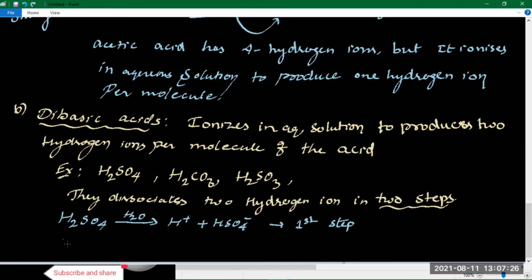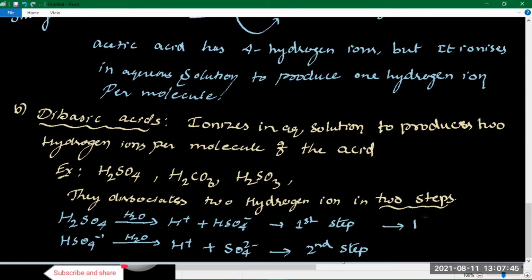And this HSO4 minus ion further dissolves in one more water and releases another hydrogen, and it forms SO4 2 minus ion. That means this is the second step. So here it produces one H plus and here it produces one more H plus. Together, in 2 different steps, it produces 2 H plus ions.